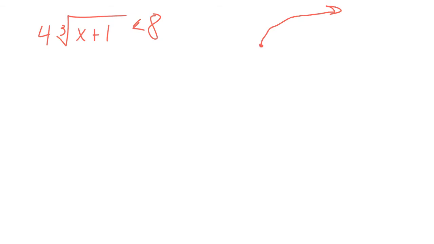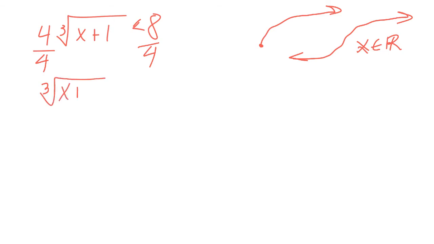They didn't have all real numbers as their domain, and the cube root functions did. So the cube root function was all real numbers, so we don't have to worry about domain restrictions on solving these because the cube root's allowed to be negative. So when I solve this, I can just divide by 4. I have the cube root of x plus 1 less than 2.